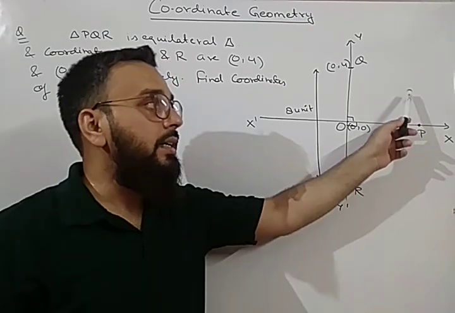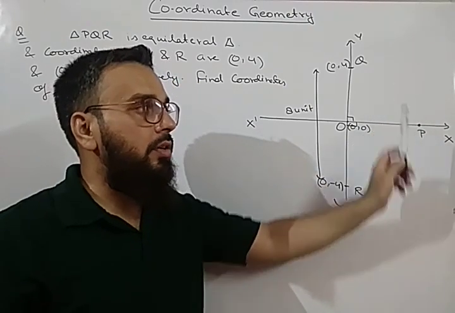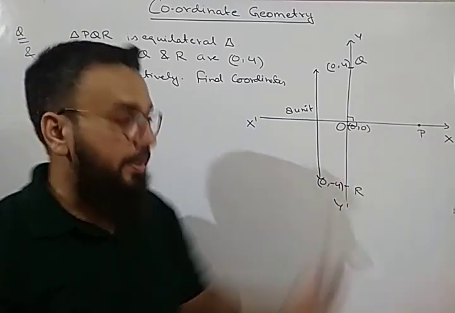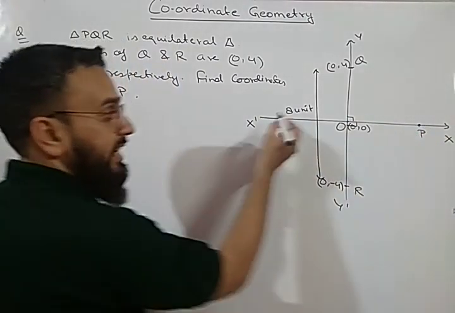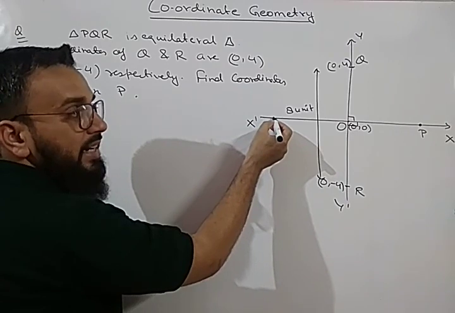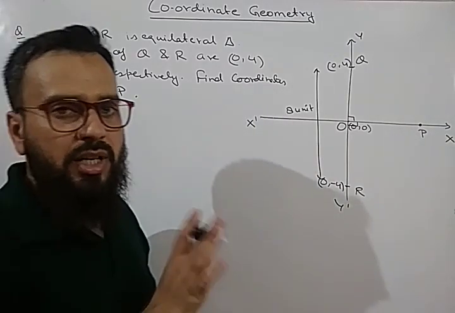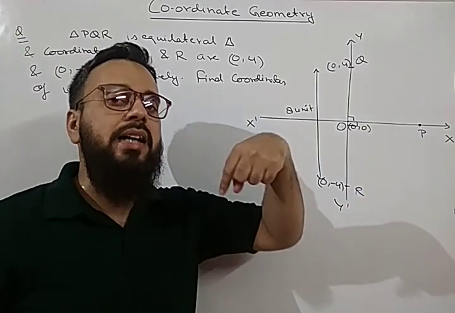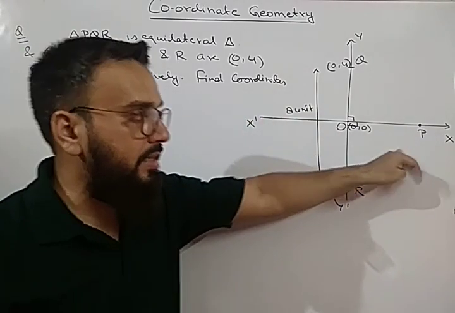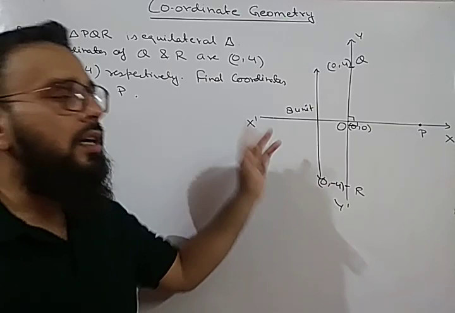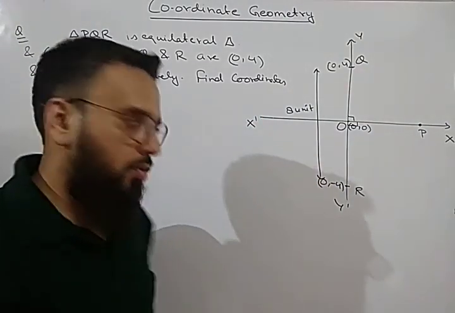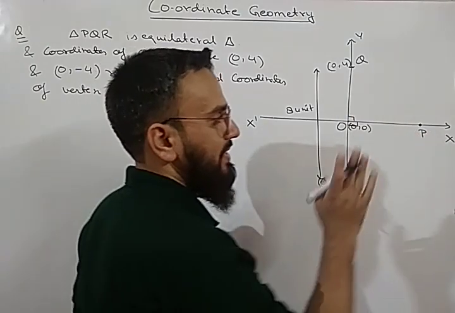P cannot lie in the first quadrant or third quadrant. It will always lie on the x-axis, whether it may be the positive x-axis, or it may also be on this side, on the negative x-axis also. But for our convenience, I am just taking it on the positive side. We will write the answer for both, on the positive x-axis as well as on the negative x-axis. But for convenience, we are solving for only the positive x-axis. So the point P is lying on the positive x-axis.